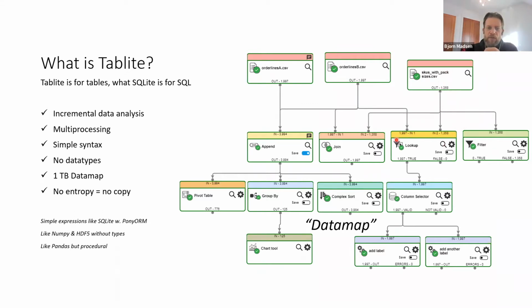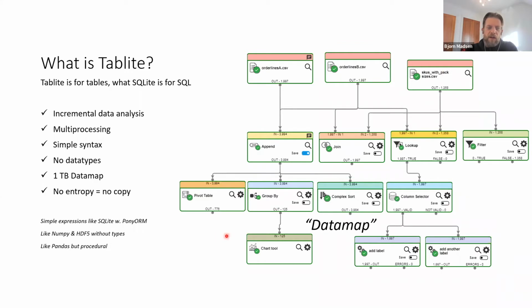We can do lookups between tables, pivot tables, so aggregation and rearranging the data. We can do groupings or group by summaries. We can do sorting and, of course, manipulate data types and select the columns that we want, plus whatever custom operations you might figure out, or if you want to plot it and chart it. So Tablite is made for this kind of activity.